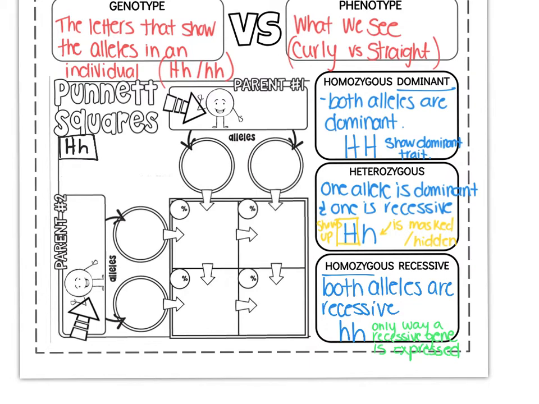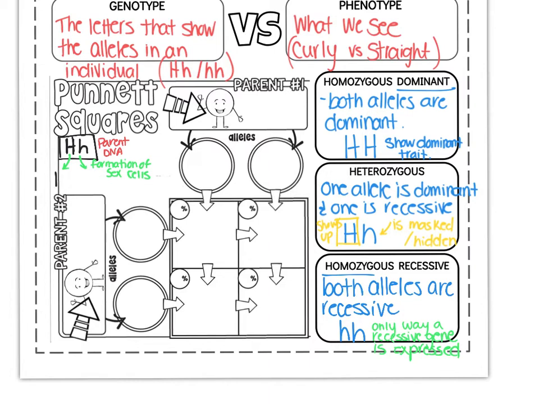This would be our parent DNA. Our sex cells are formed by our DNA splitting, so this is the formation of eggs or sperm.